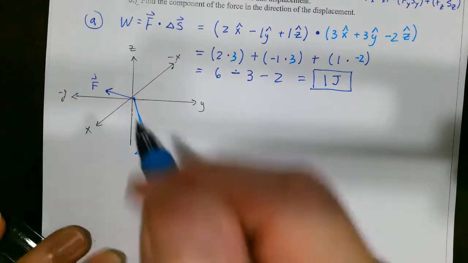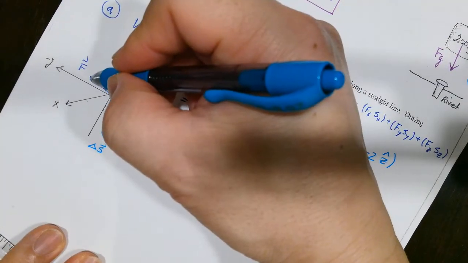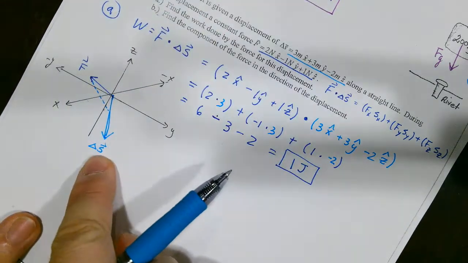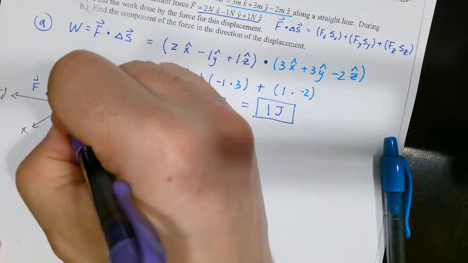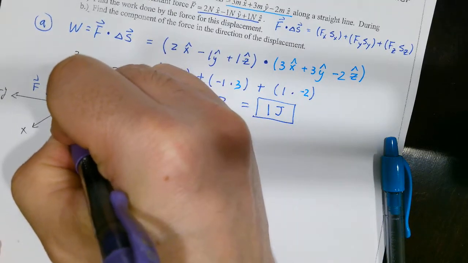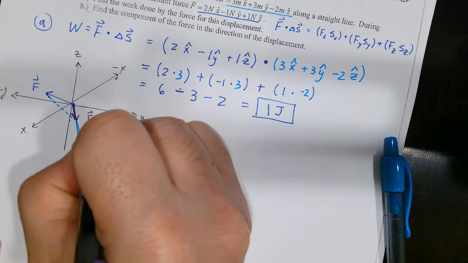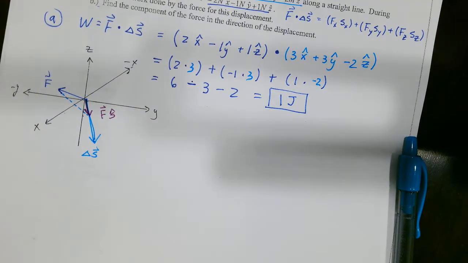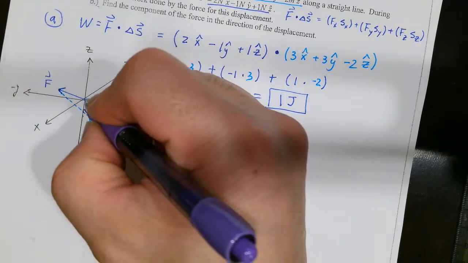They want to know how much of this, if I were to cast a shadow of my force vector onto my delta S, what is this, right? So this is the force in the S hat direction, basically. So they want to know what this is.